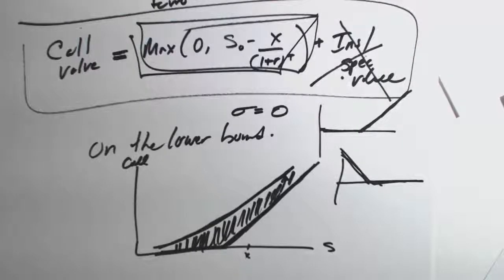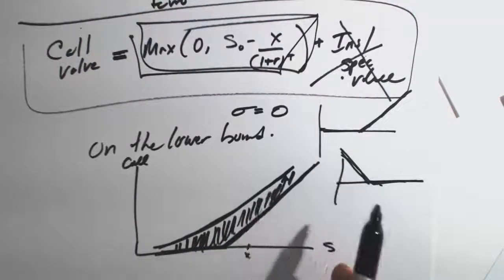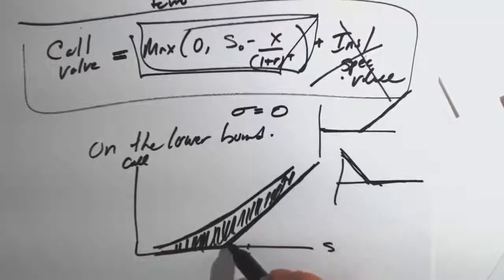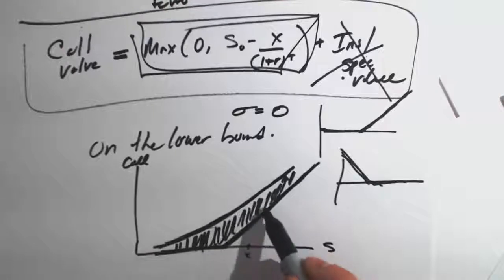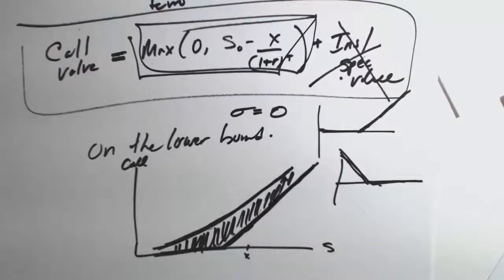So it gets at things a little deeper from that perspective. But when you get rid of uncertainty, you are now on the boundary. And you move from this curved line down onto the actual lower bound.